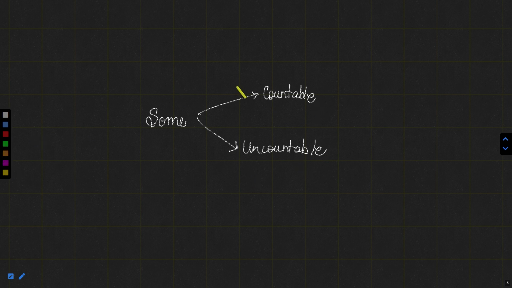Now if the nouns are countable, they must be plural countable nouns. Why so? If I say some boys, or some students, or some girls, anything. Now if I can see only one boy, can I say some boy?